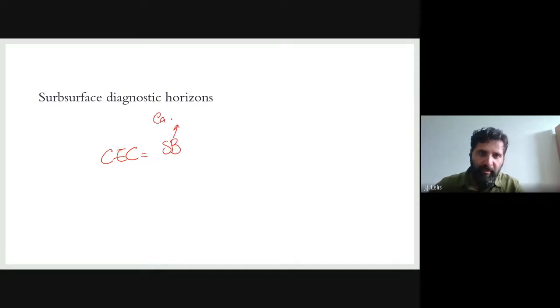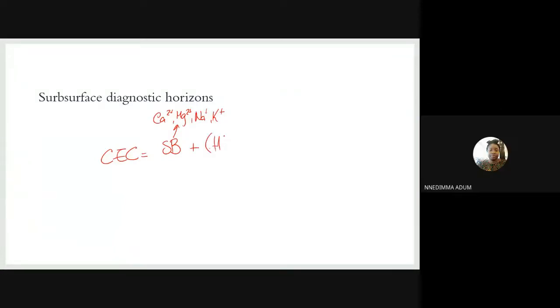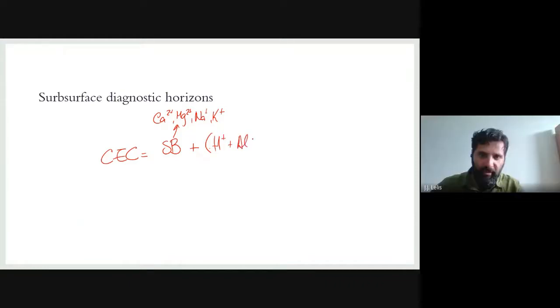That's calcium, magnesium, sodium, and potassium. And we also should sum hydrogen and aluminum because they also neutralize negative charges. So we should use everything that neutralizes charges to calculate this.